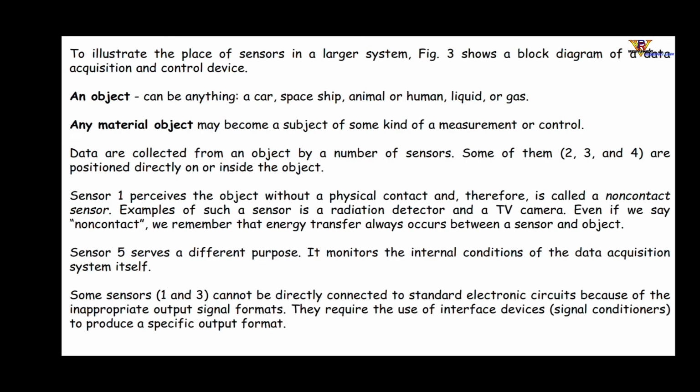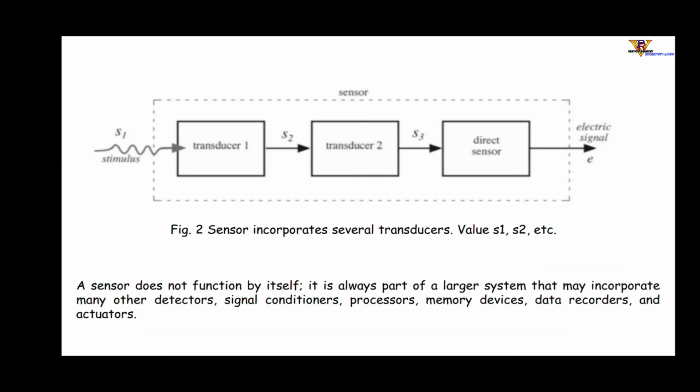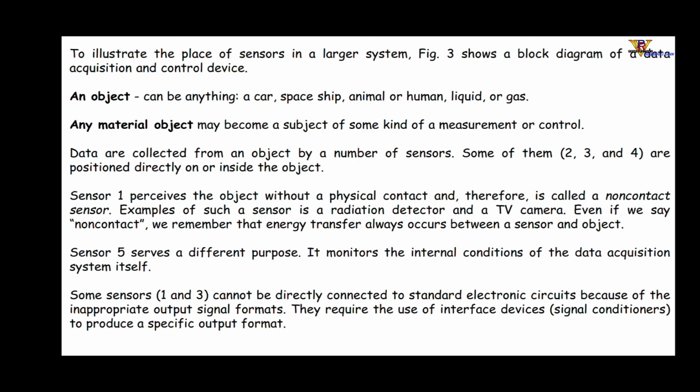To illustrate the place of a sensor in a larger system, as I said, a sensor does not function by itself. It is always a part of some larger system. So we want to see the position of sensors in a system.